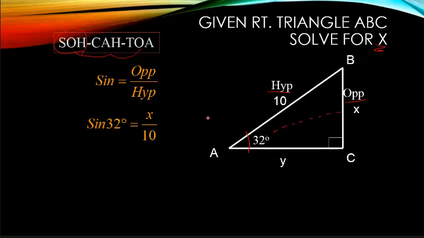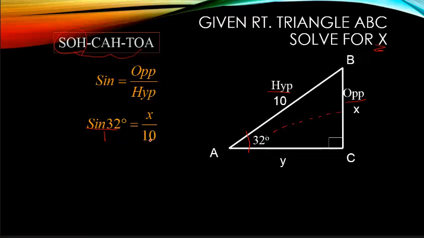I am literally taking this formula and replacing the parts with what's given to me in my triangle. Okay, now you can always make a fraction out of something. If you don't know how to solve for x here, whether to multiply or divide, put it over 1 and cross multiply.